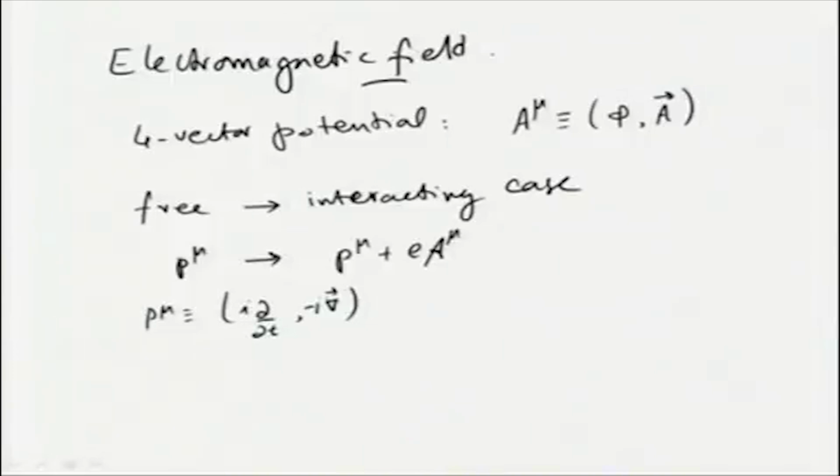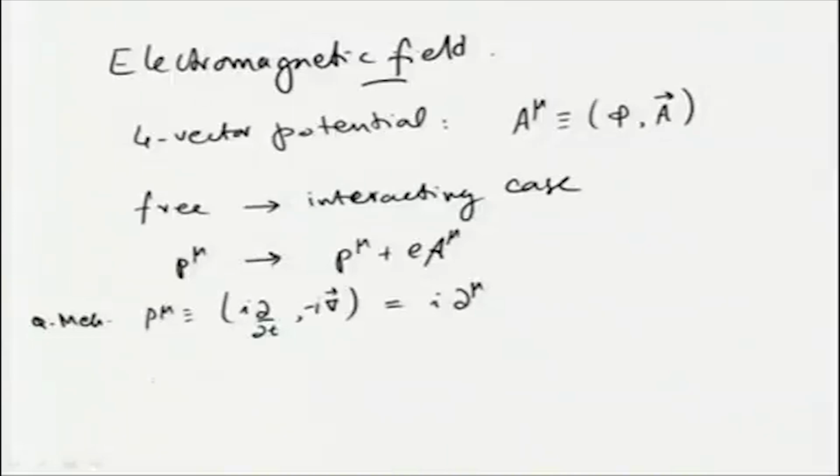From classical to quantum mechanics, what we have to do is to consider the momentum as the operator. So, p mu is basically i del by del t and minus i gradient, and in compact notation, we can take it as i del mu.